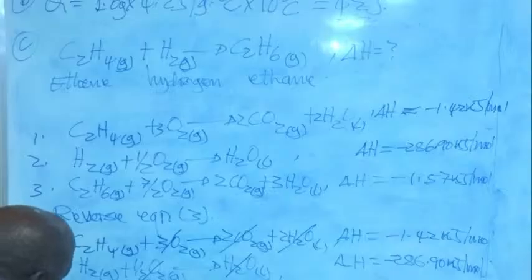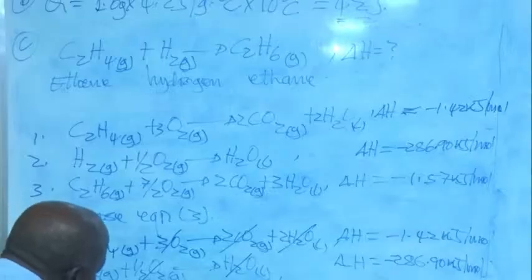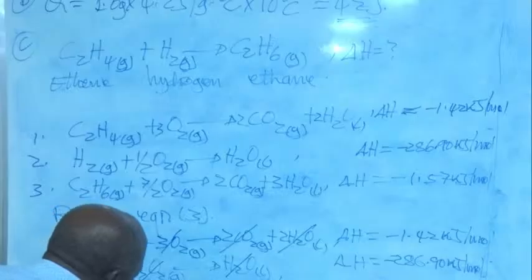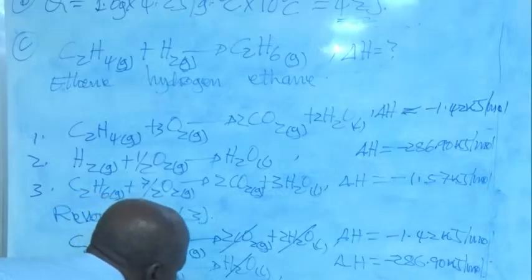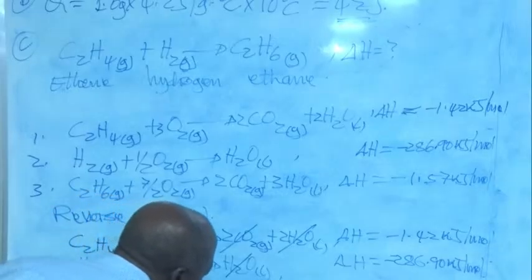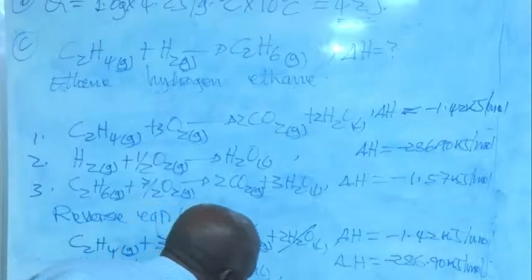C2H4 gas plus hydrogen gas, then here you get ethane gas, and the enthalpy change.